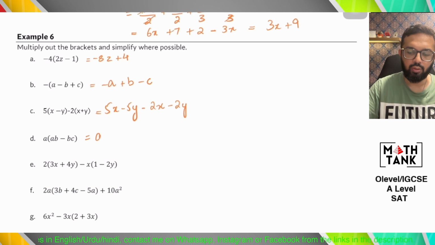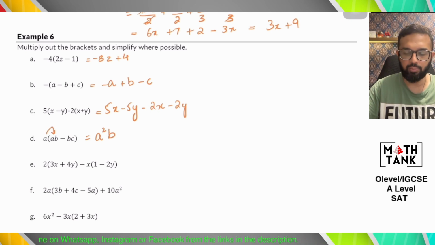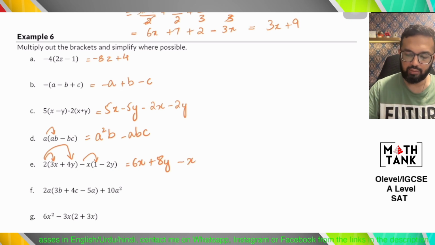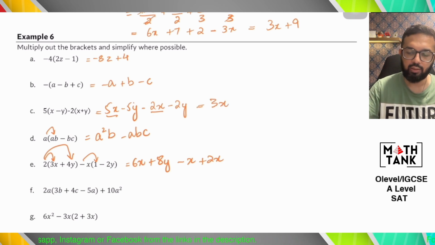Okay, this is going to give me a square b when a into ab is a square b minus abc. Then 6x plus 8y minus x and plus 2xy. I forgot to add this up. This gives me 3x and that gives me minus 7y.